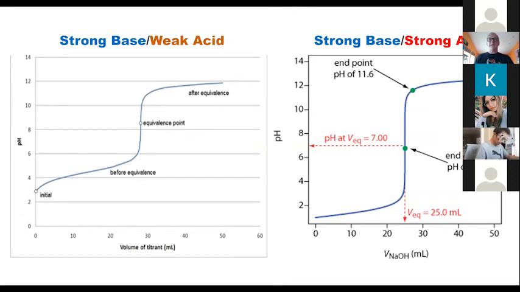So it asks you to find different points on the titration curve. It's asking for the 4 different points, right? The start of titration, right here. The midpoint, about there.